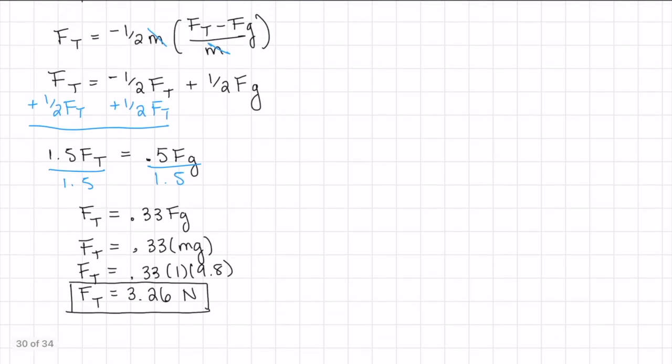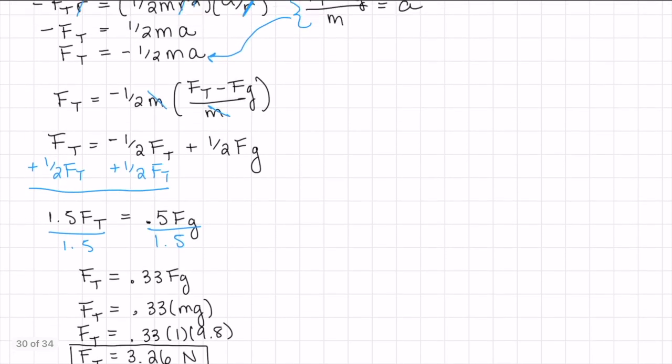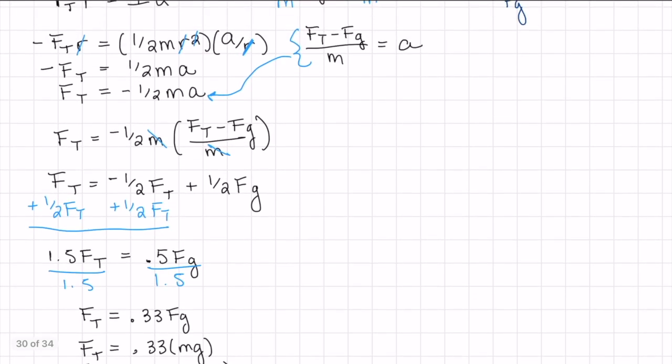Once we have that, we'll take that 3.26 newtons and plug back into the expression we ended up with from the force equation to find our linear acceleration first.